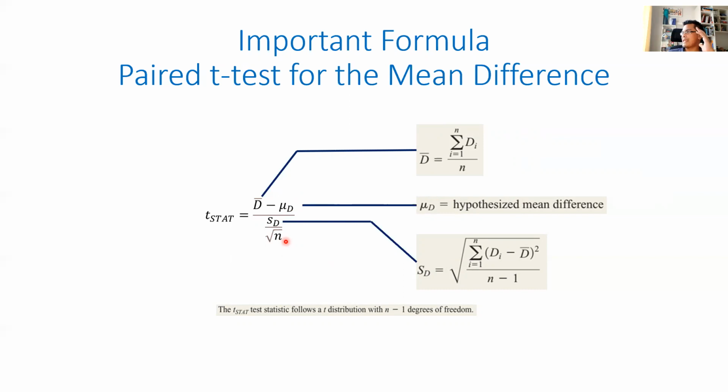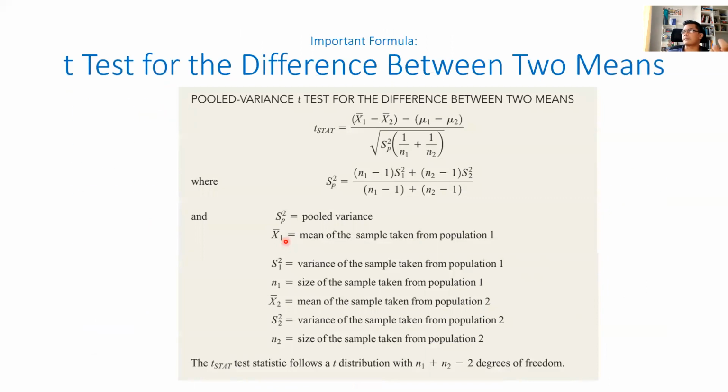Note that in the related populations context, the related samples context, we use this formula. This is different from the one that we used previously in the independent case. This is the formula for the independent case, in which the input is the average of population 1, population 2, and so on.